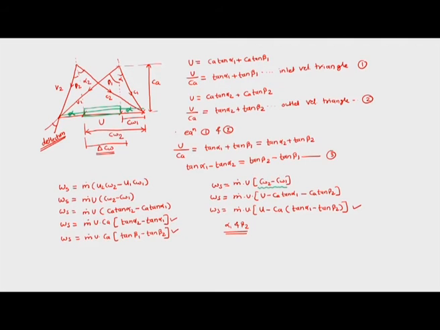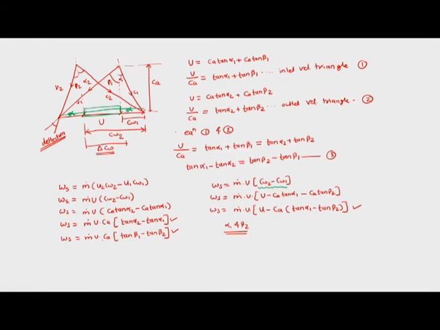So, having said this, we would now calculate the temperature rise in case of one stage of the axial compressor. So, we know now that W stage is equal to what we have found out now, m dot U Ca tan beta 1 minus tan beta 2.